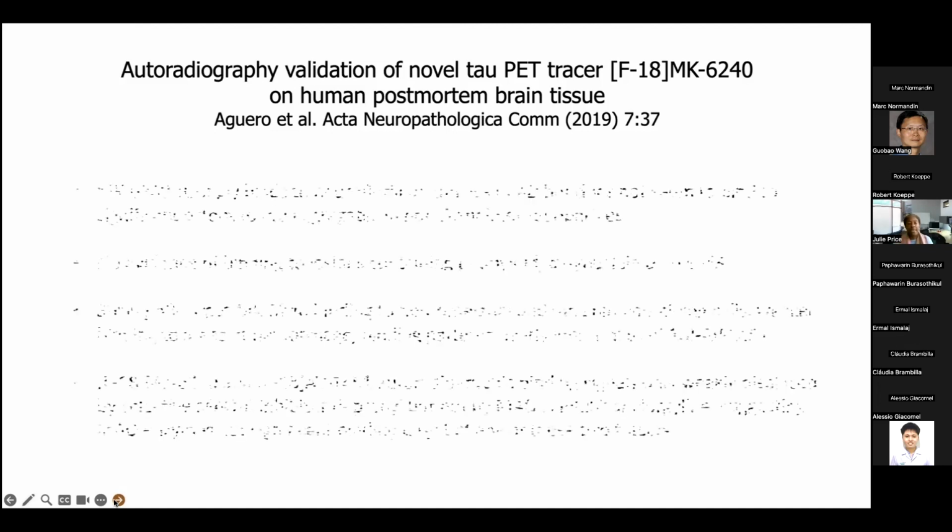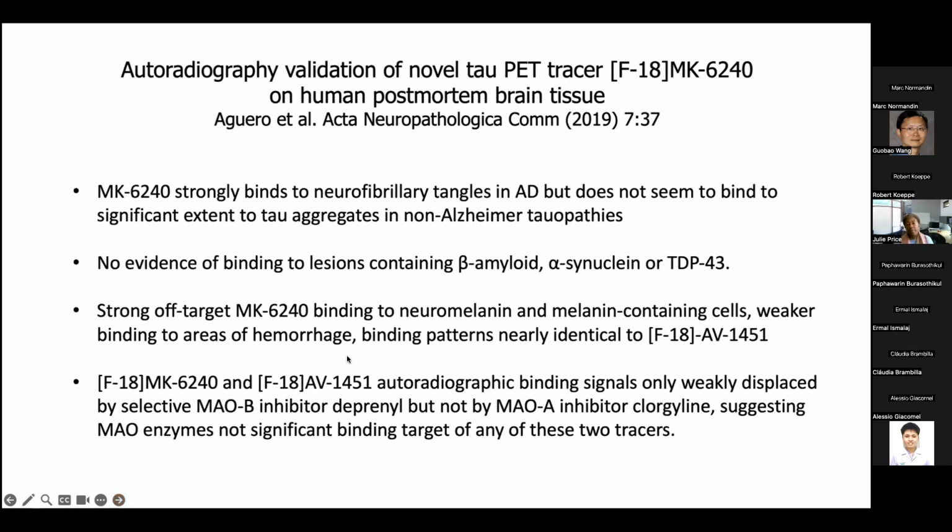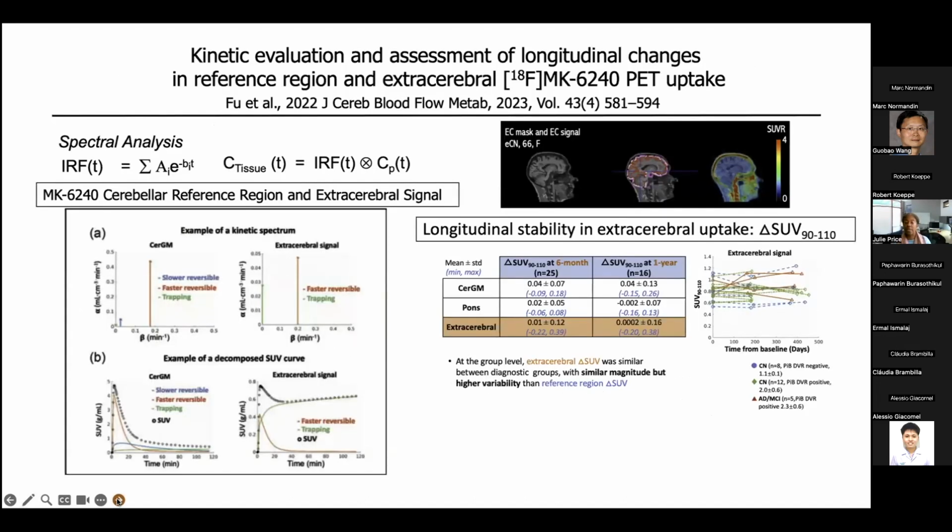What do we do? So it appears that the MK binds to neuromelanin and melanin-containing cells, but I don't think that we still fully understand the true nature of that extracellular component.